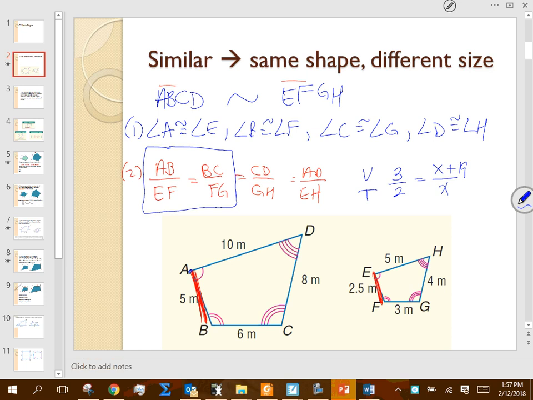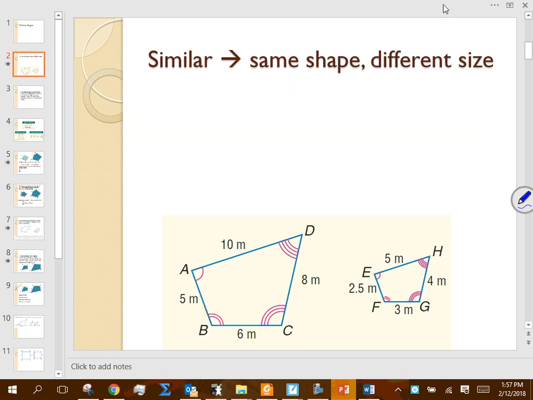That's the link I try to maintain every single time we do one of these problems, because it's a consistency thing that's going to allow a lot of us to develop at least one true proportion that lets us move through these problems. There are a lot of other proportions you can make, and if you feel comfortable doing that, go ahead and do it. But that's how I'm going to link these things.